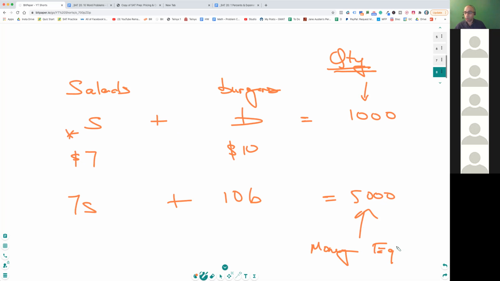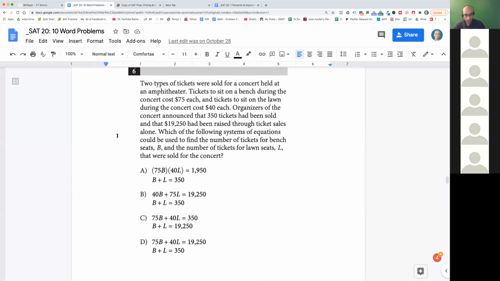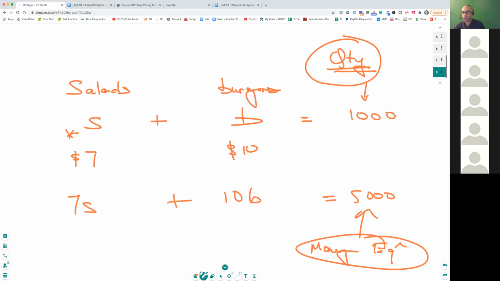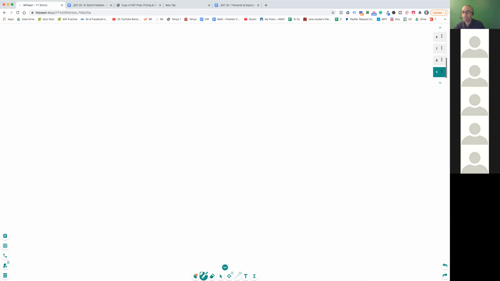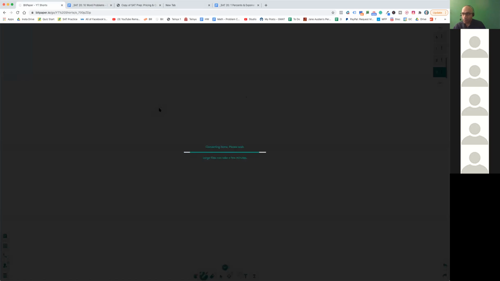So there are always two equations. Usually, whenever they have this kind of problem, there are two equations: the quantity equation and the money equation. Remember, in this problem as well, we had the quantity and the money equations. We had both of them.